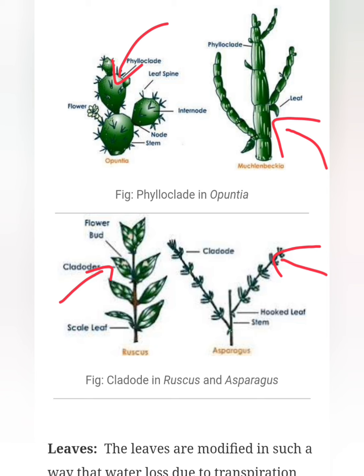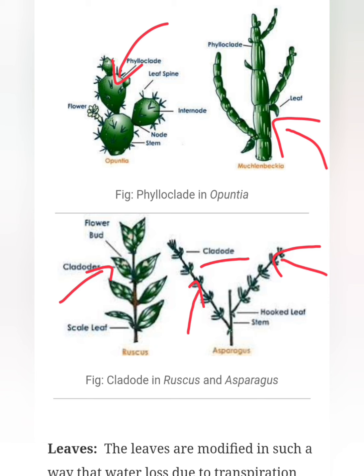A number of axillary branches get modified to form small greenish needle-like structures, which are called cladodes. I just want to show you these different types of stems and leaves which are found in xerophytes.